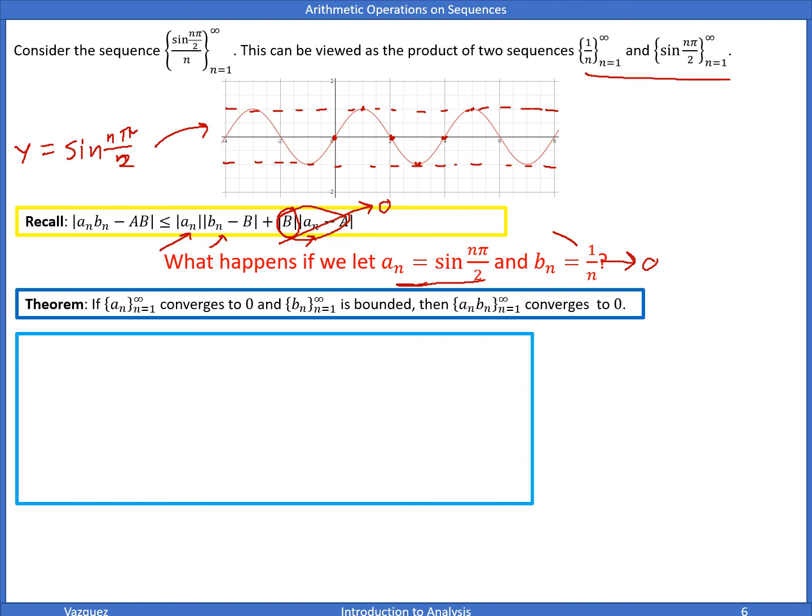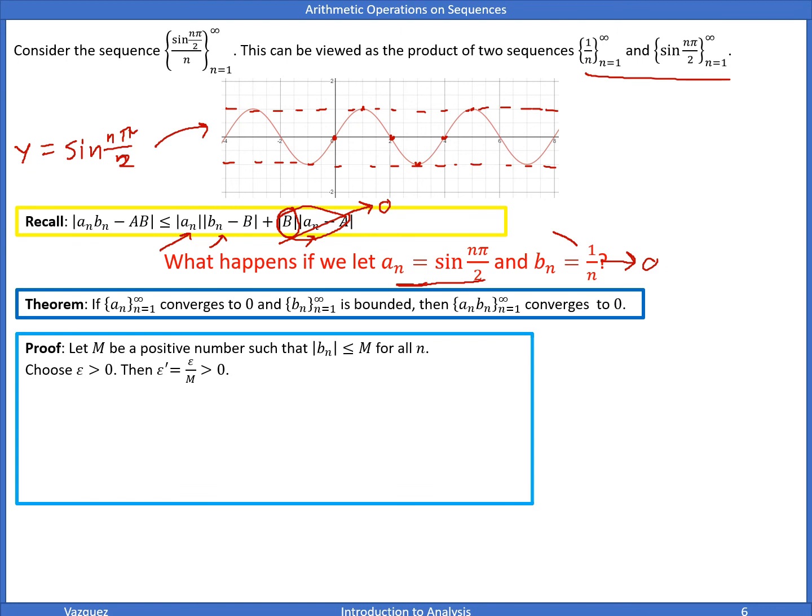So the proof. We're going to let m be a positive integer such that all the terms of bn are bounded by m for all n, because we're assuming bn is bounded. And then we're going to choose epsilon to be greater than 0. I want to set this new epsilon, epsilon prime, equal to epsilon over m.